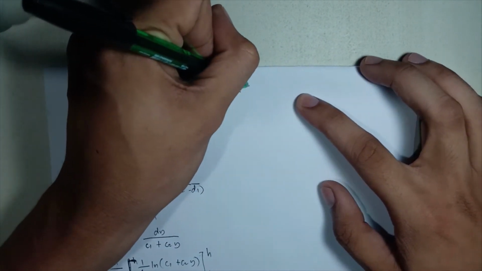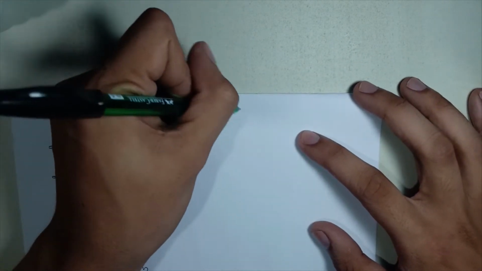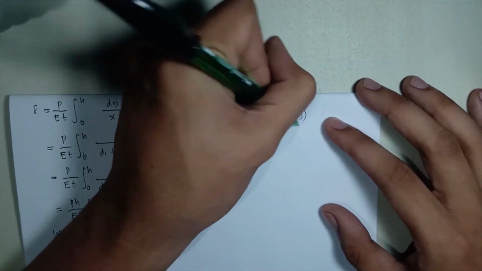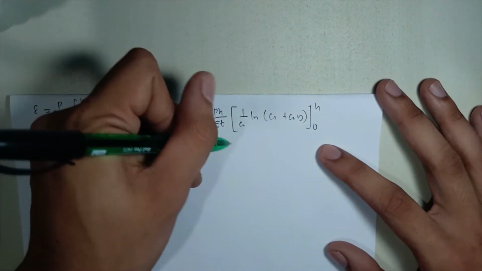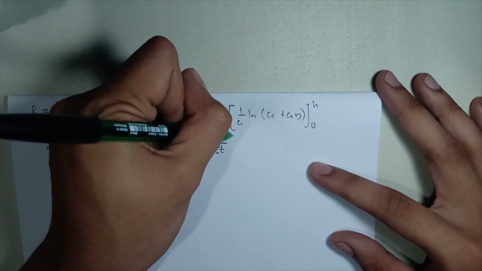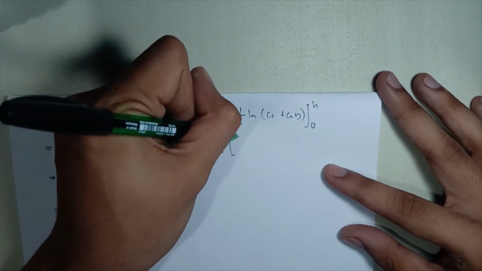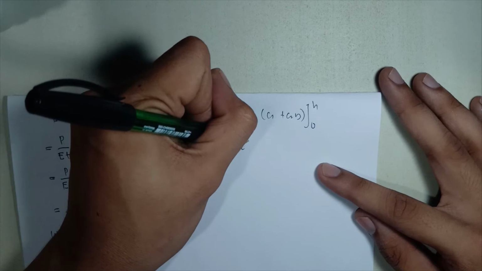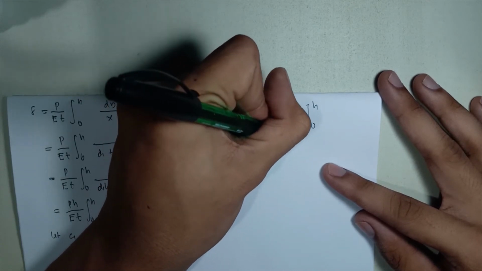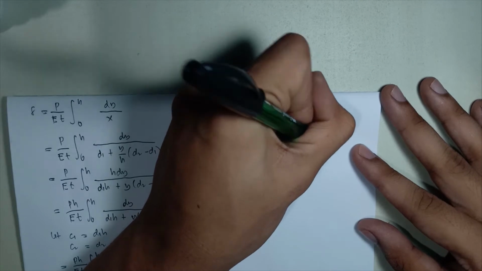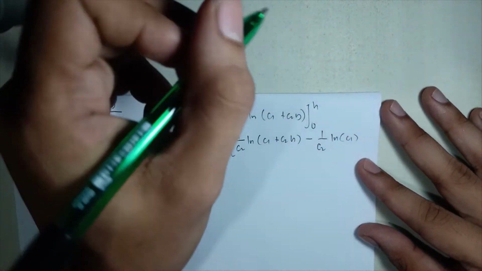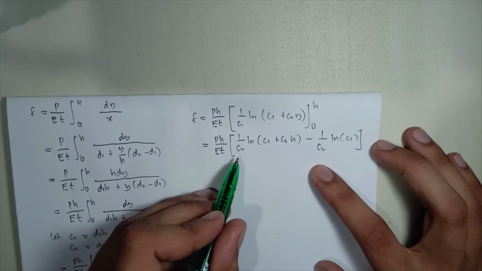So, deformation equals PH over Et, 1 over C2 ln. Then, pwede natin, guys, ilabas yung 1 over C2.